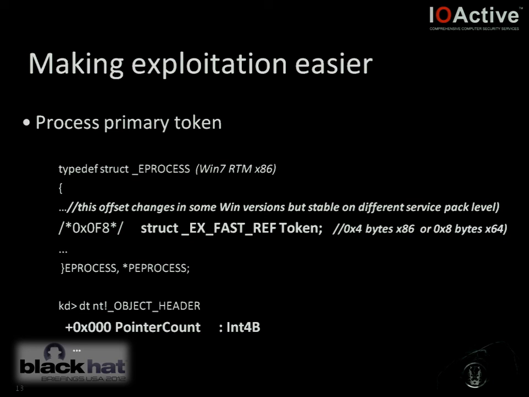One common mistake in some exploits that use the well-known technique of replacing the token of the exploit with the system token is that most of the time people forget about incrementing the reference count.